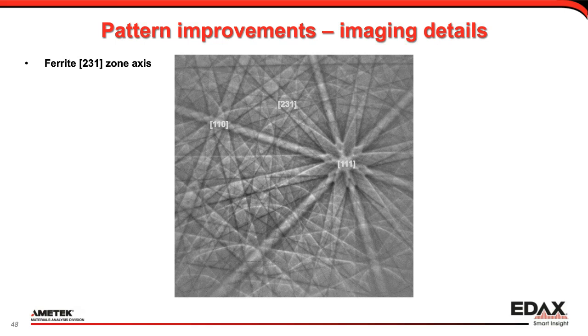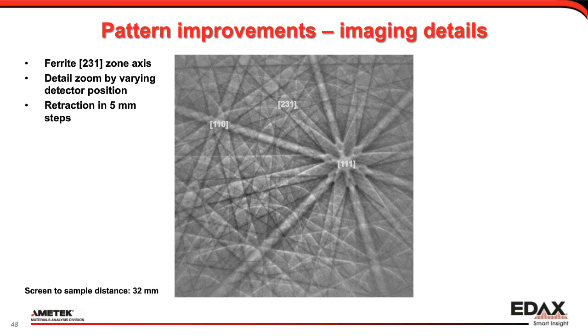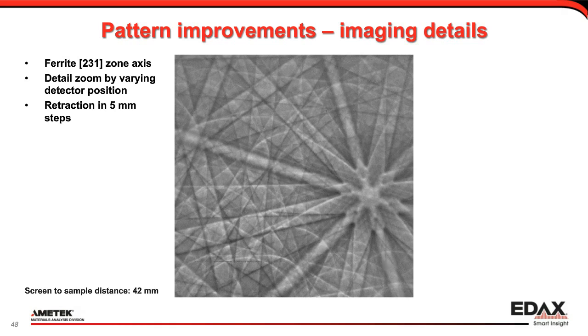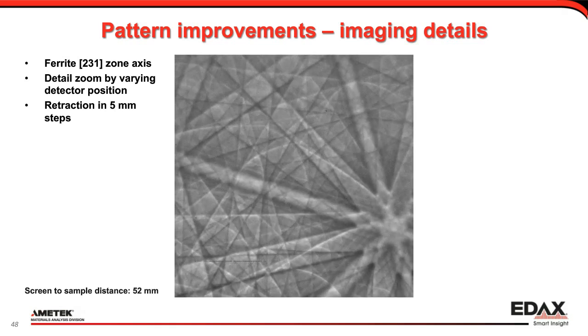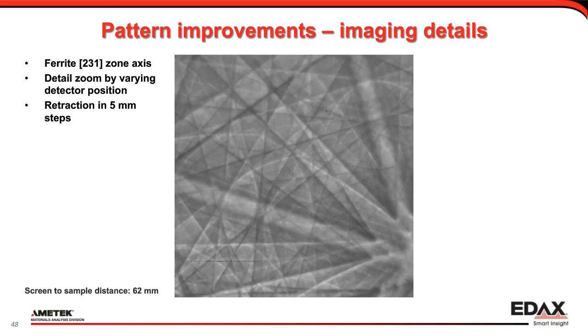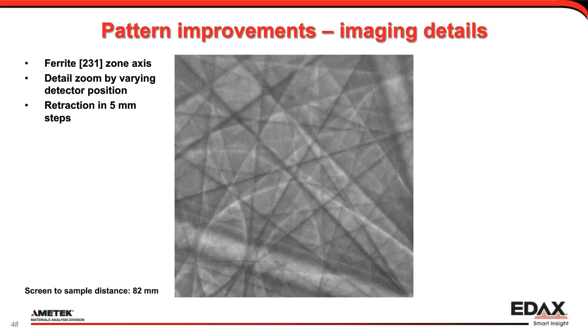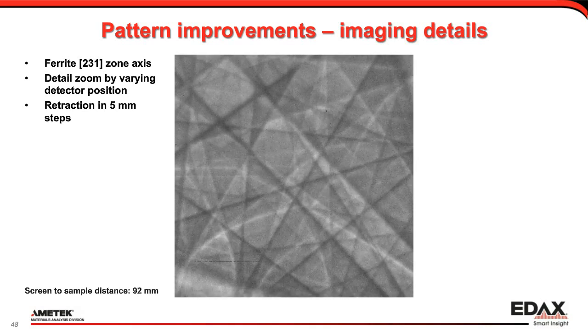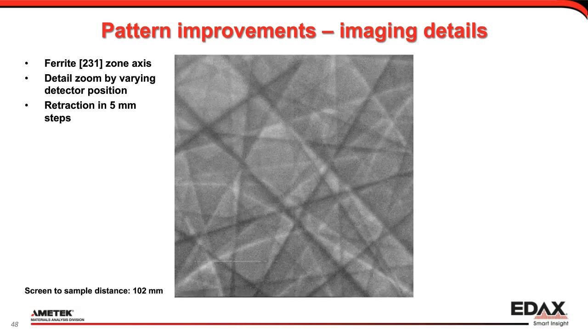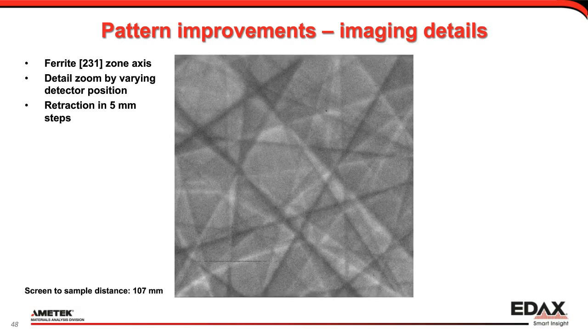And then I retract the EBSD detector, the clarity, to zoom in to the 231 zone at the top, and just to see what kind of details we can get. So let's get in. You can see the enormous amount of detail inside these bands where the bands overlap, and also the sharpness of the band edges. This is about 10 centimeters away.